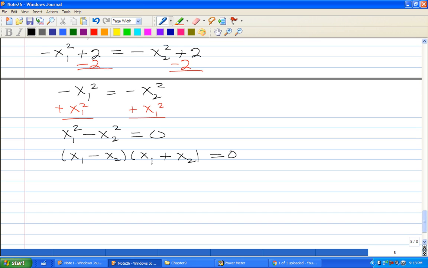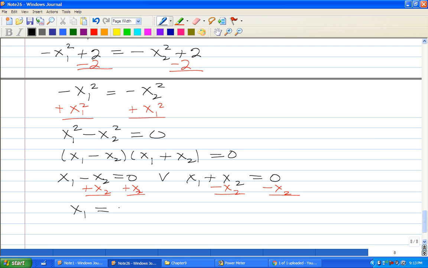Let's set each of these terms equal to 0 using the zero factor property, the fact that this is an integral domain. So add x2 to both sides of my equation. Subtract x2. So I get that x1 is equal to x2. And I also get that x1 is equal to negative x2.